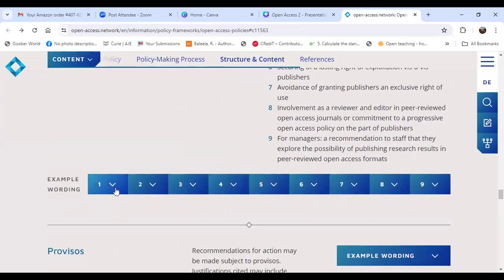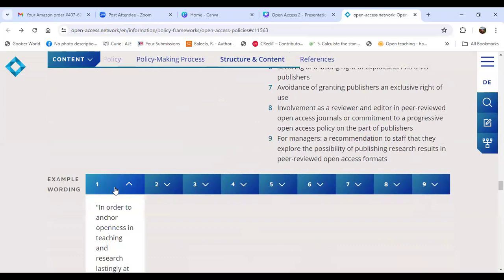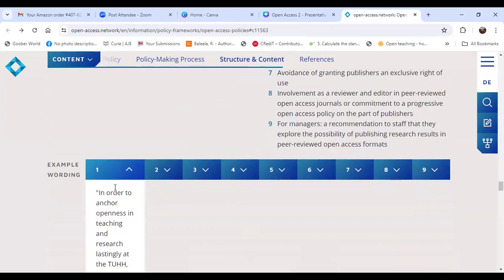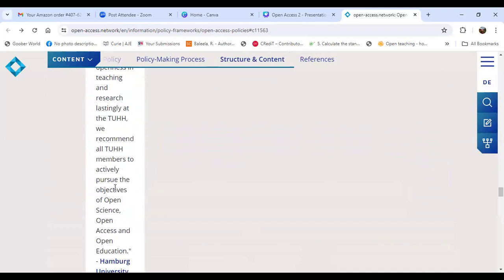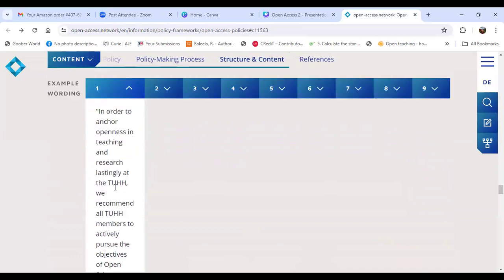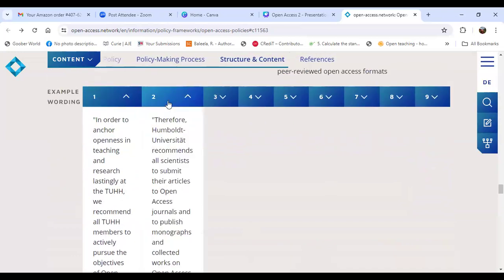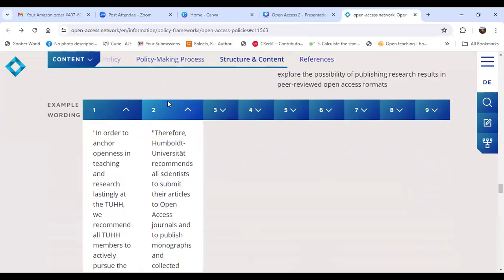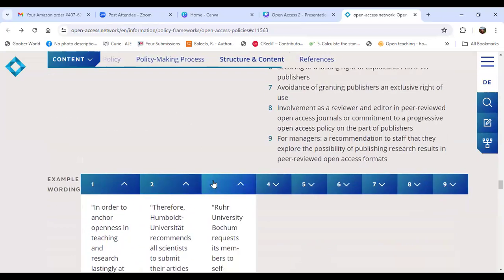There are 9 different examples here, like in order to anchor openness in teaching and research. Lastly, at TUHH, we recommend this and that. At Hamburg University, for example, you can see another example here from Humboldt University, a third example from Ruhr University.